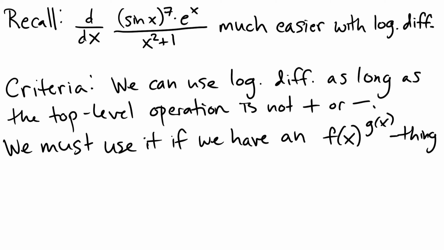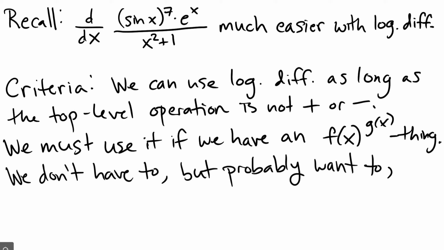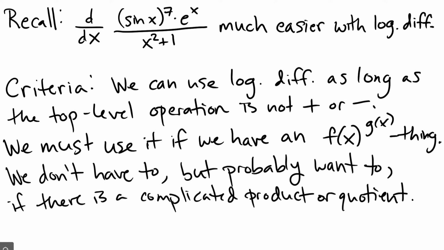That is, if we have an exponential thing where the base, written here as f of x, is changing, and the exponent, written here as g of x, is changing, then we must use logarithmic differentiation to compute the derivative. And there's one more category, which is that we don't have to, but we probably want to, if there's a complicated product or quotient, like what we see above. So that's how you decide when you want to use logarithmic differentiation.